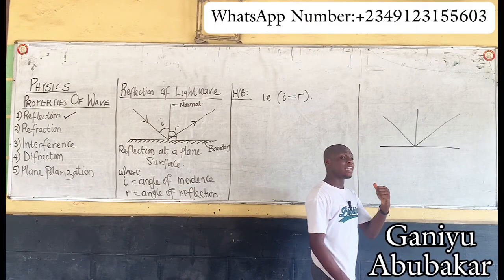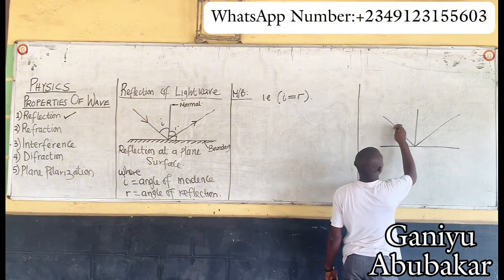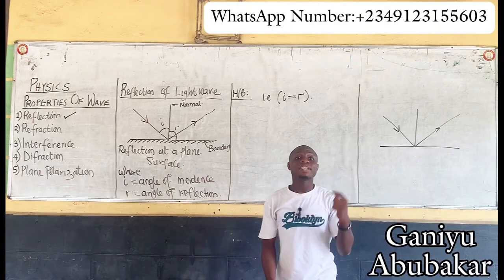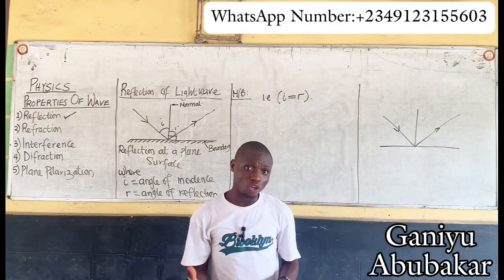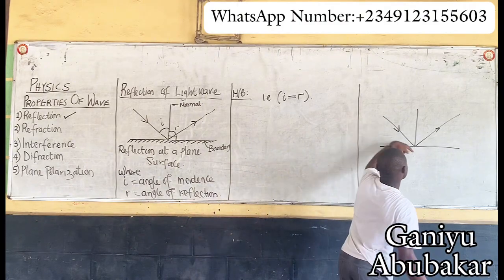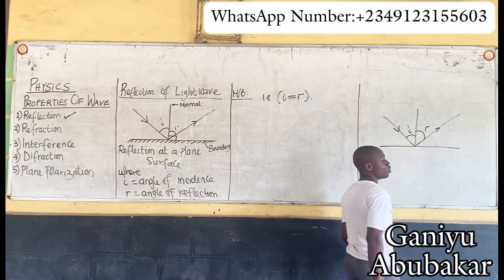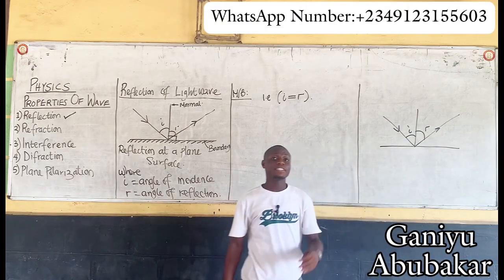Now, if I put an arrow here this way and this way, now you can tell me where the incident is and where the reflection is. The inward line here is called the incident ray, and the angle of reflection is going outward, please. That's the first thing to note, please.